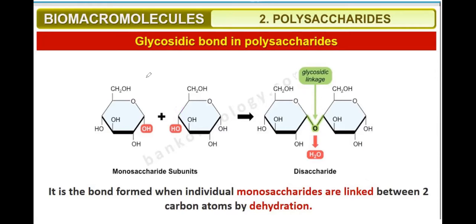So this bond is called 1,4 glycosidic linkage, and when the water is released, this process is called dehydration.